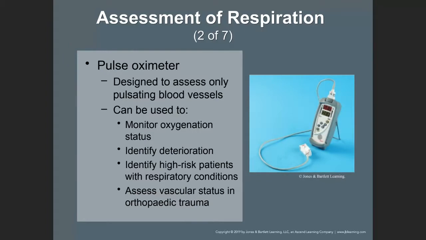Pulse oximetry, designed to assess only pulsating blood vessels, can be used to monitor oxygenation status, identify deterioration, identify high-risk patients with respiratory conditions, and assess vascular status in orthopedic trauma.